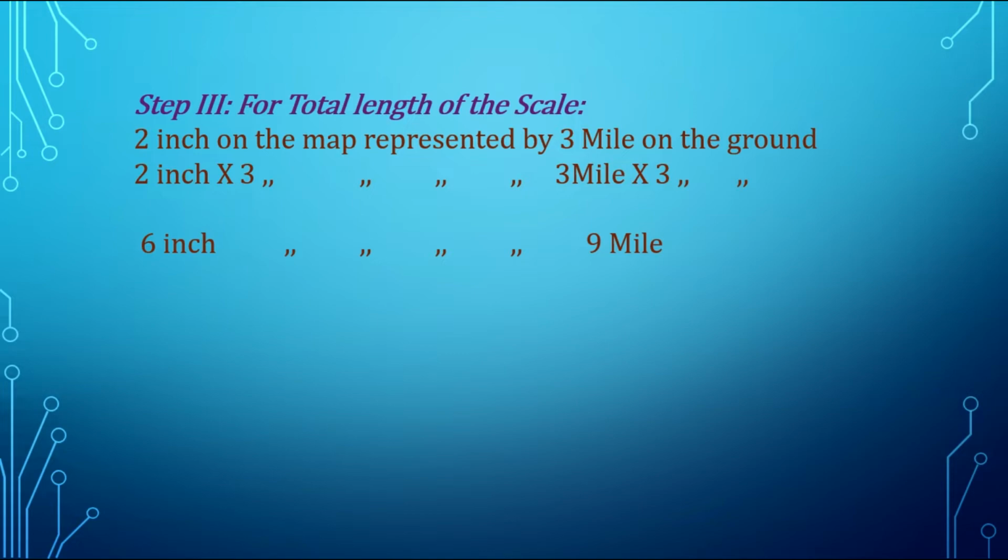Remember that in the centimeter scale we multiply by 3, so we have to multiply the same numeric value on both sides, so we get 6 inch. Why do we take the lower value in the centimeter scale? Because we know the inch scale or mile scale will be larger than the centimeter or kilometer scale, so it is 6 inch.